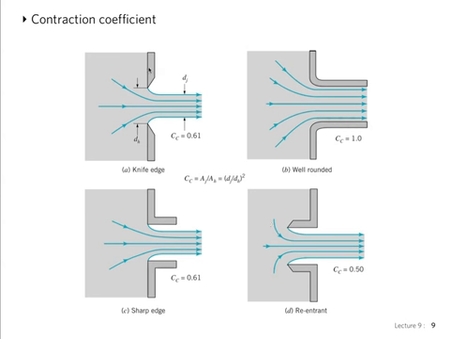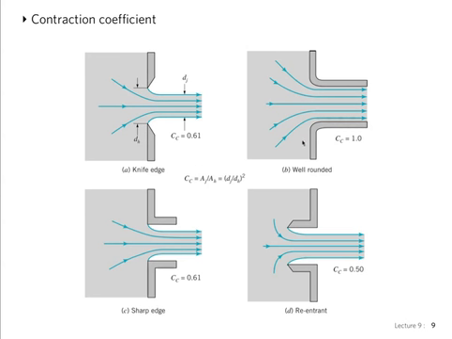And you can have something like a completely sharp knife edge opening, and this has been determined to have a contraction coefficient of 0.6 approximately, and this is the ratio between the area of the jet and the area of the opening, and so it's the ratio between the diameters squared.